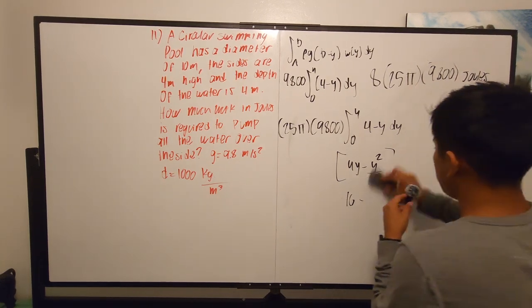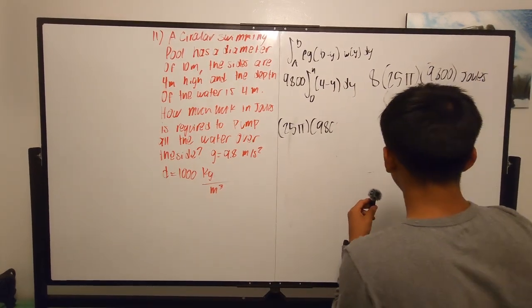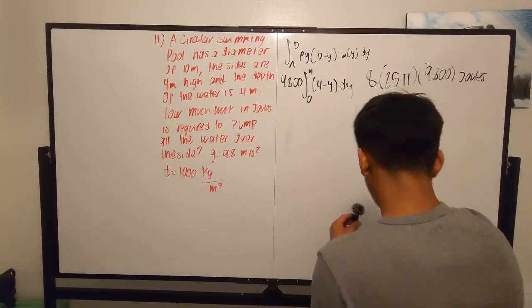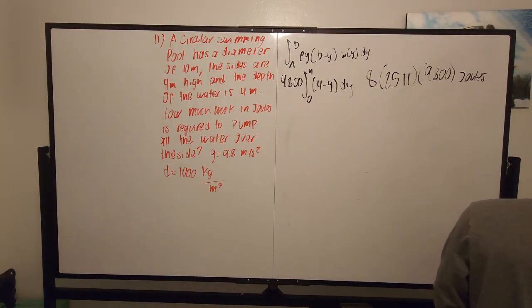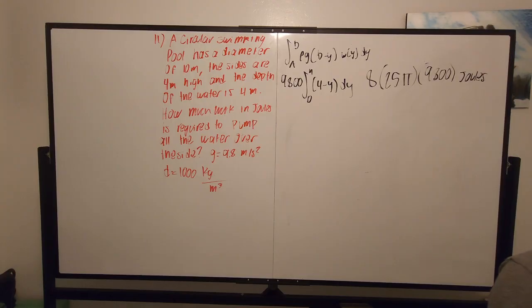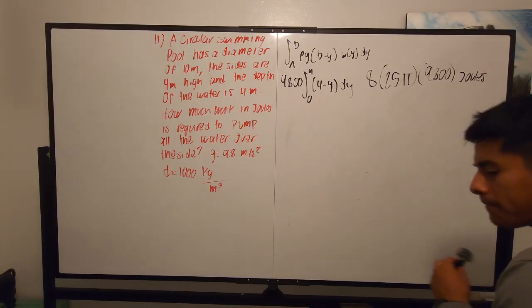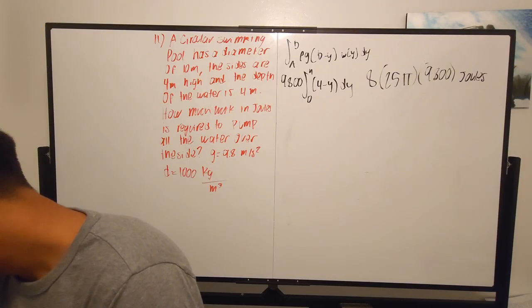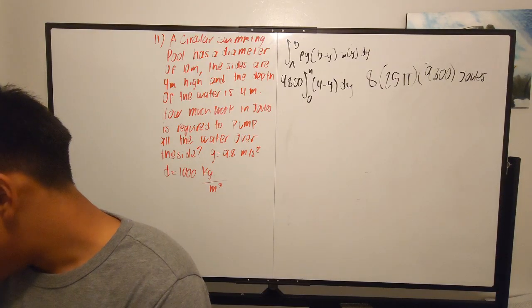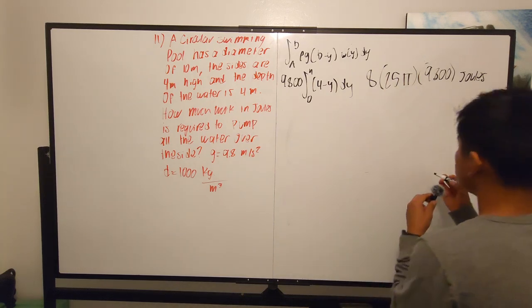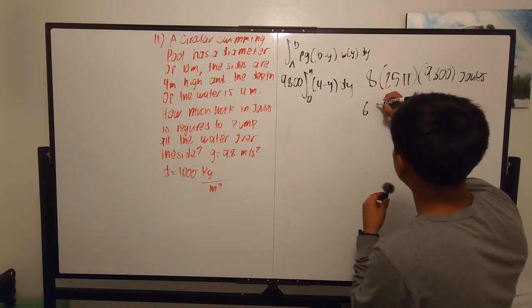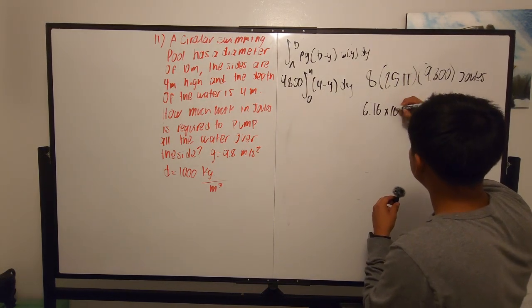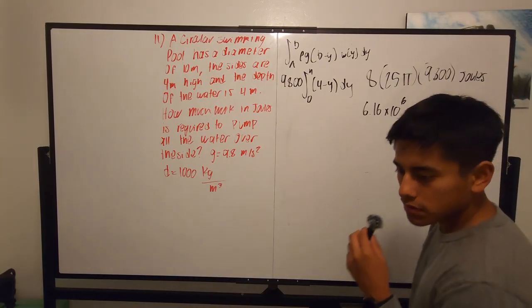If you want to combine that or plug that into a calculator, you'll get, wow, that is a big number, so I'm not even going to write it. I'm just going to write it in scientific notation. So that's going to be 6.16 times 10 to the 6 joules.